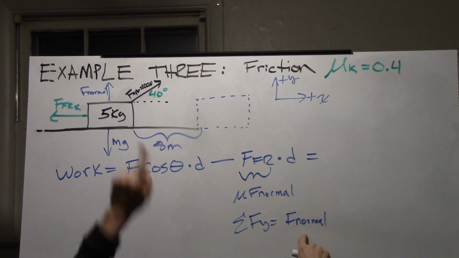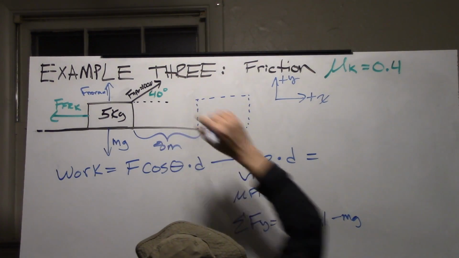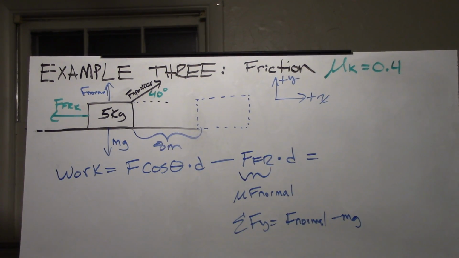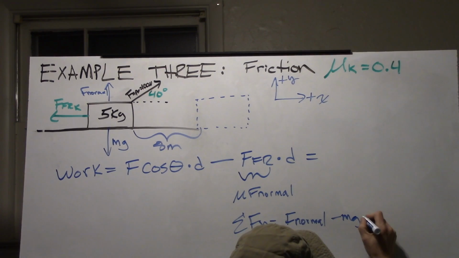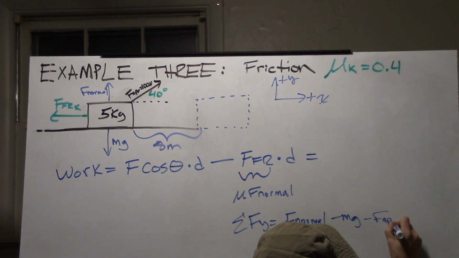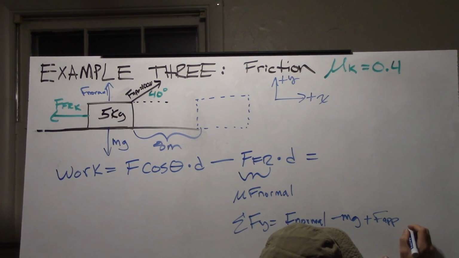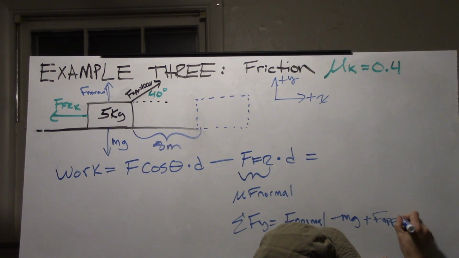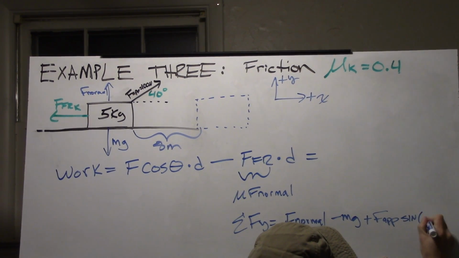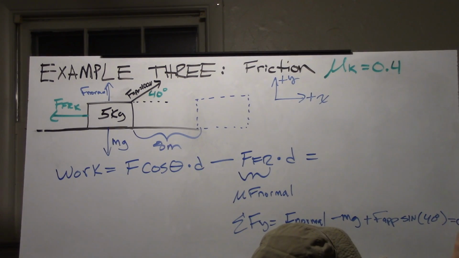We have force normal pushing up, mg pushing down, and the vertical component of force applied, so we have minus mg, plus force applied times the sine of 40 degrees equals 0.